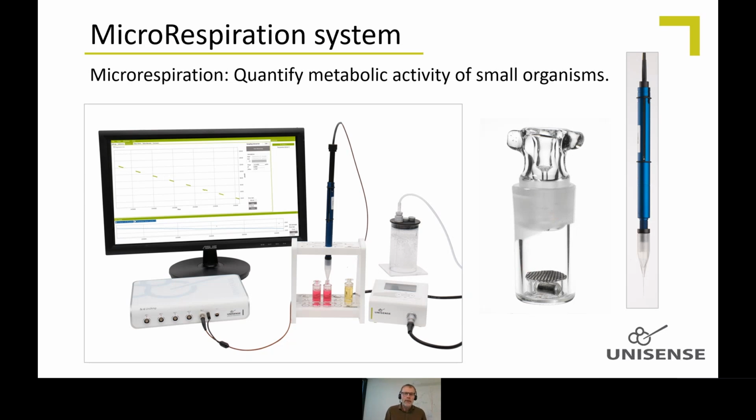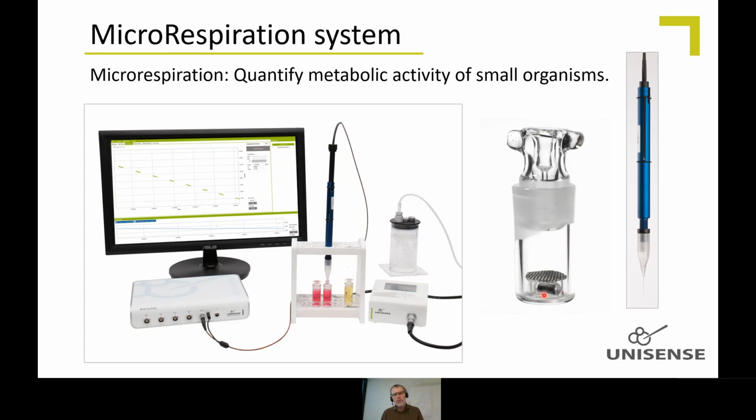The system consists of the chambers, of course, shown here, a small glass chamber with a glass seal and a capillary opening where the sensor can be inserted through. This rack where the sensors are placed has magnetic steering built in at all these spots where you can place the chambers. There you can have a magnetic stir bar inside the chamber.